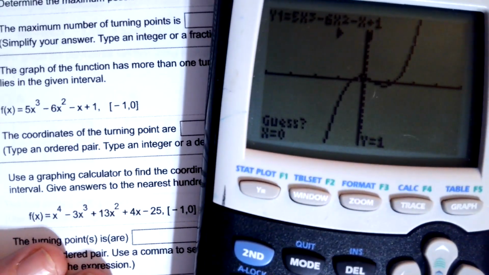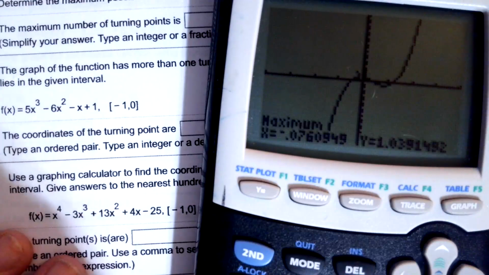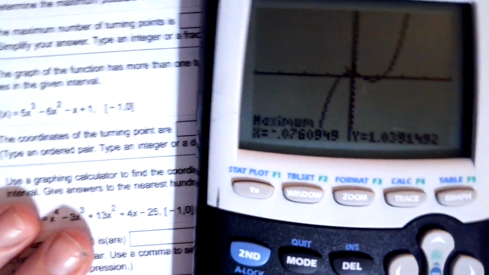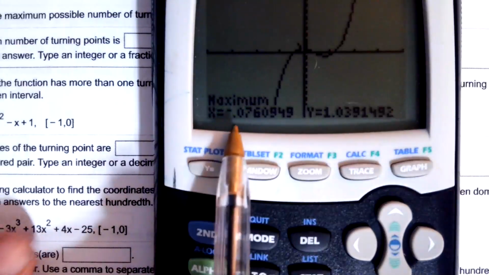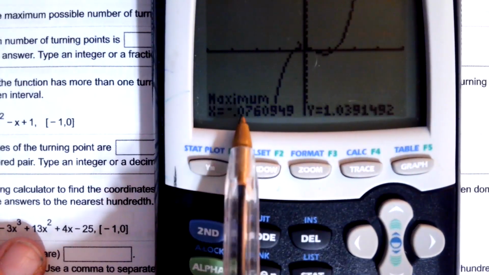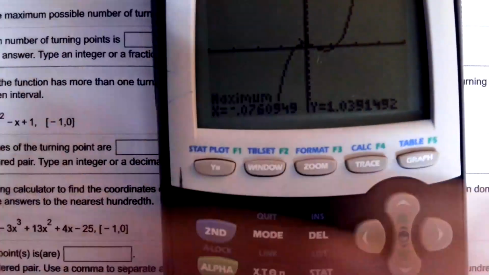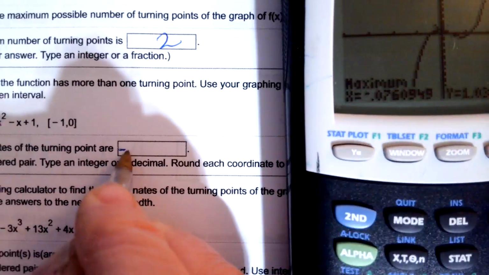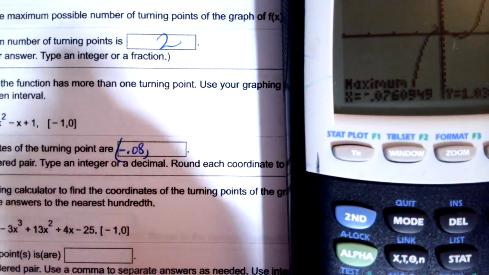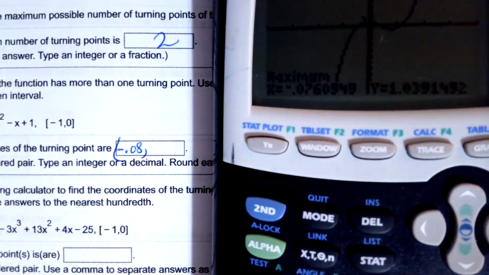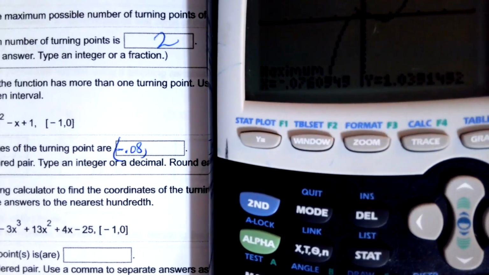And then I'm just going to hit enter for guess. And there it tells me. It says type an integer or decimal, round to the nearest hundredth. So this is negative 0.08. And the y value is going to be 1.04.